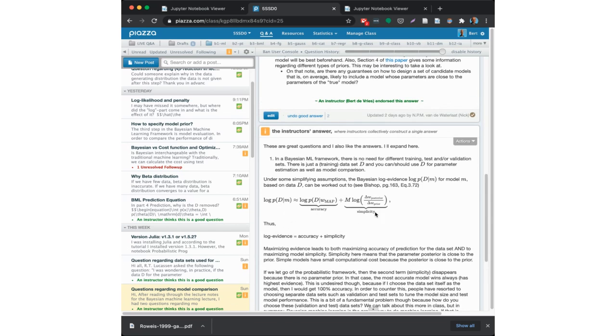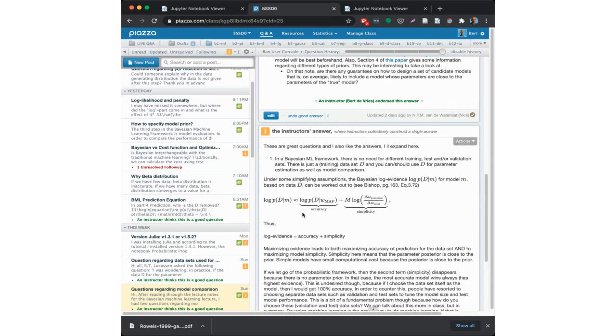This maximum simplicity is sort of what you do if you have a test set, right? If you would not have a test set, the problem is that if you just do machine learning and not in a probabilistic framework, then you don't have a prior. So this term does not exist. And that means you only care about accuracy.